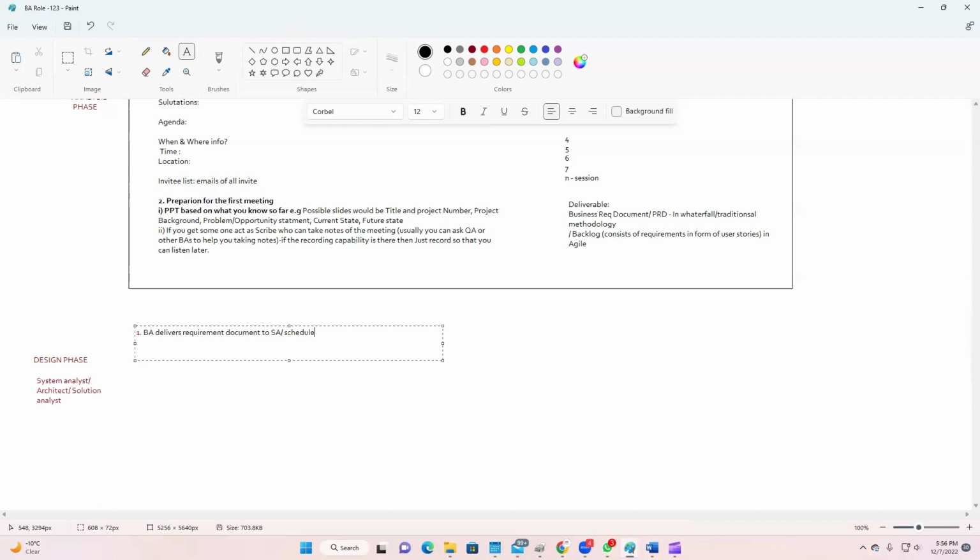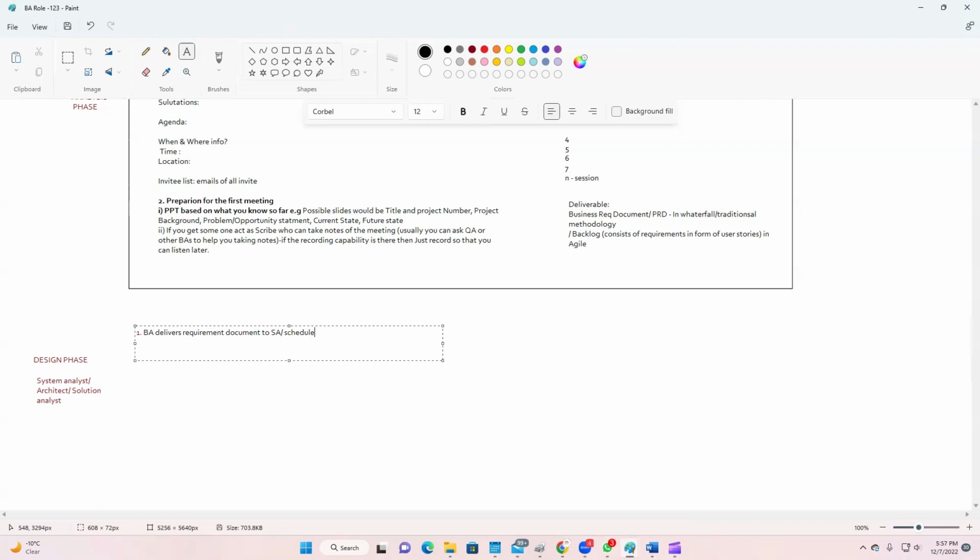Similarly, business analyst and business system analyst are the same kind of job, with some differences in job description. Likewise, a system analyst, solution analyst, or architect have the same job description and can each do the design, based on the project.